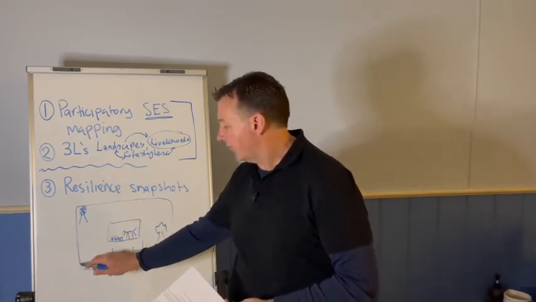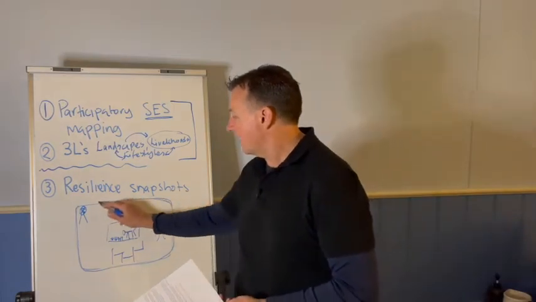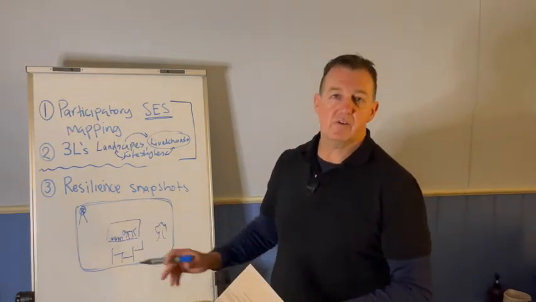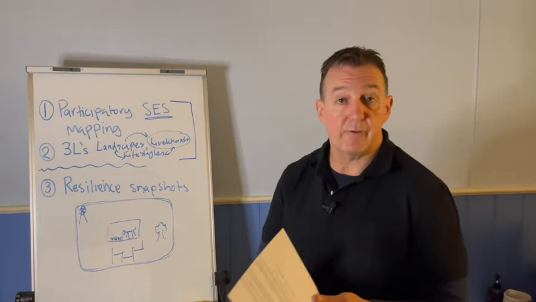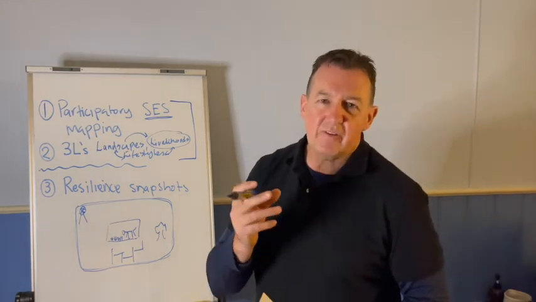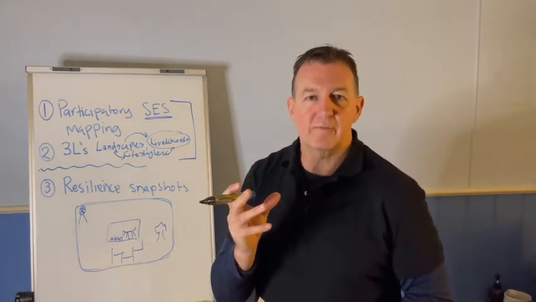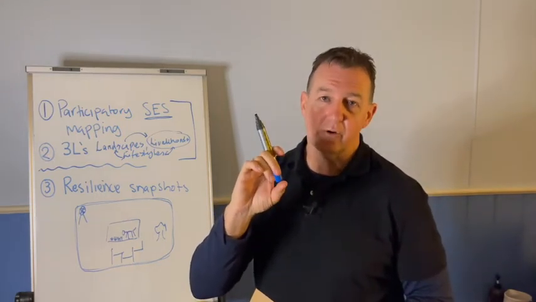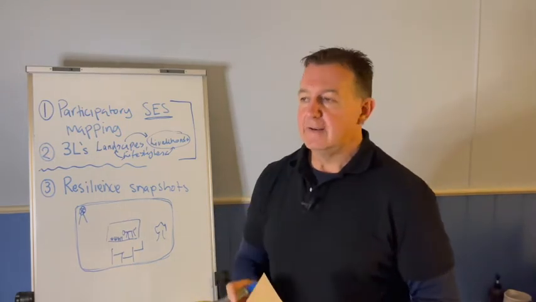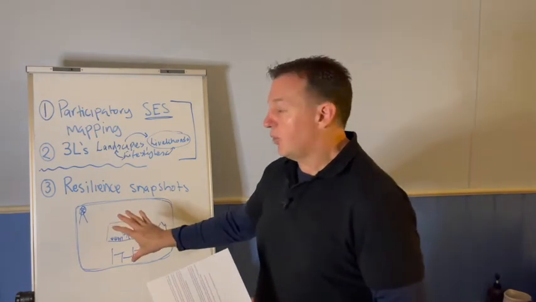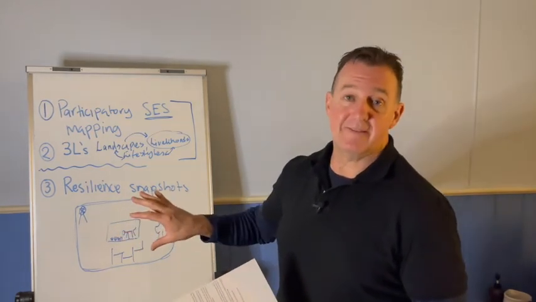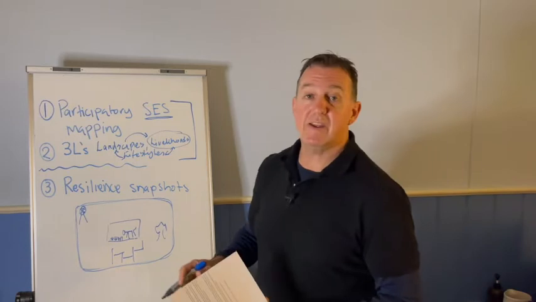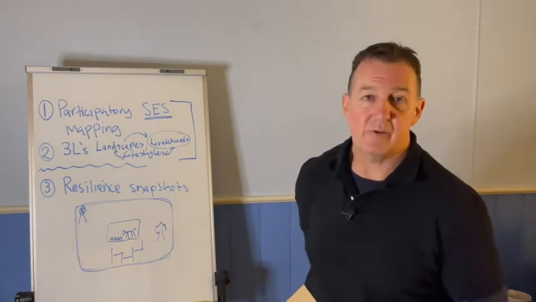So we're developing a broader picture of this grazing issue by looking at it at a different scale. This Resilience Snapshot tool is really about helping people understand the concept of scales. So we're saying pull back out, zoom out, and that might reveal something different about the issue.